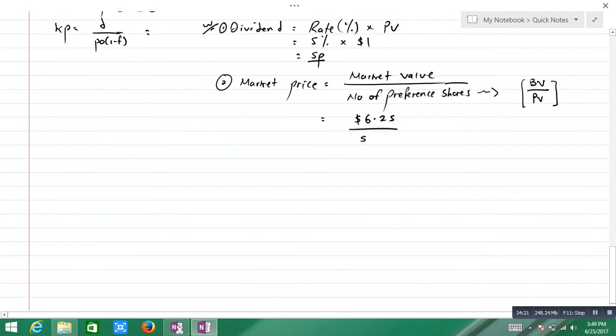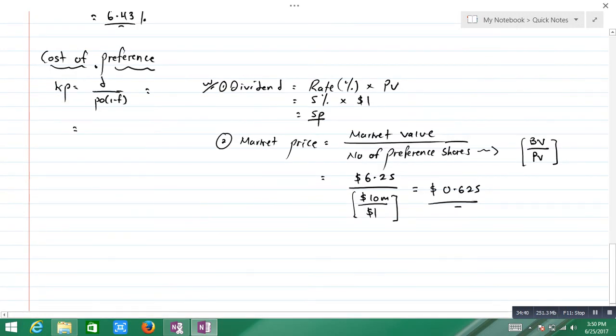Let's work out the answer over here: 5 pence over 0.625. That will give you 8%. So that's about the workings for the cost of preference.